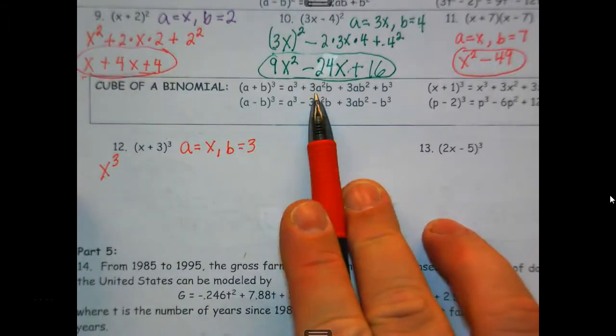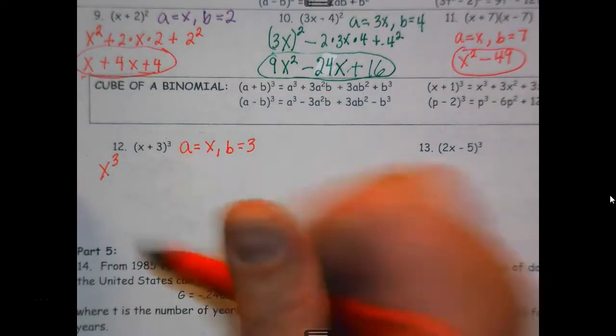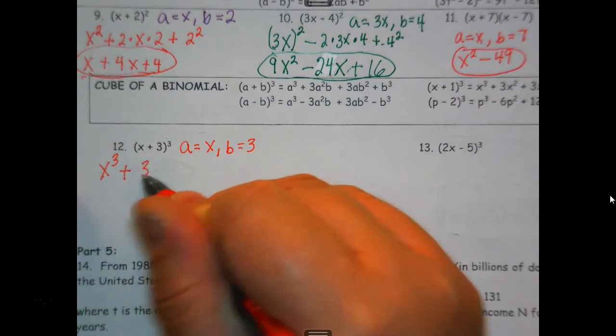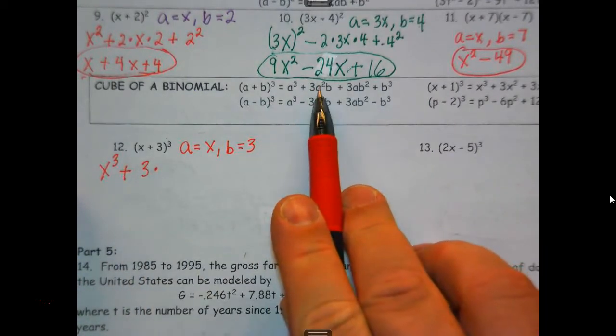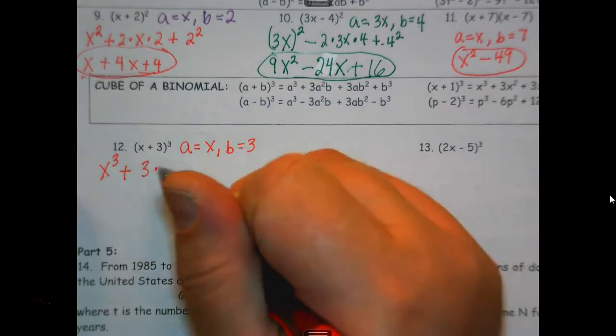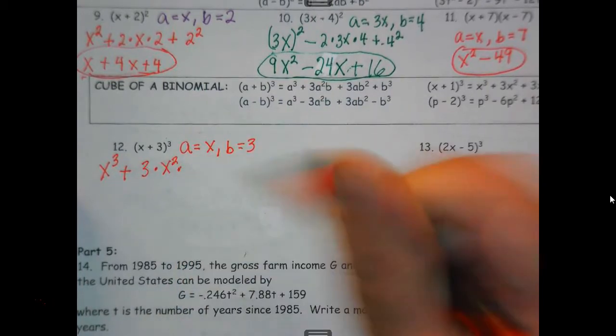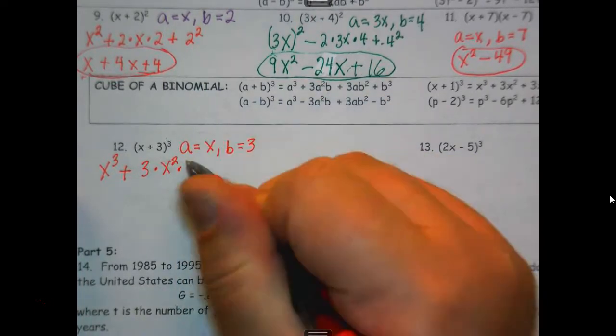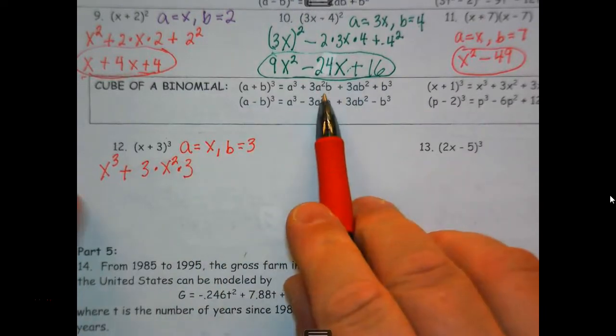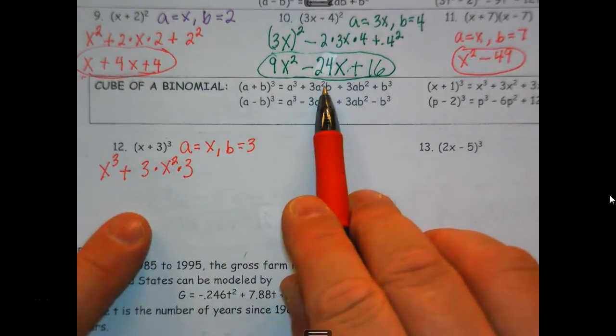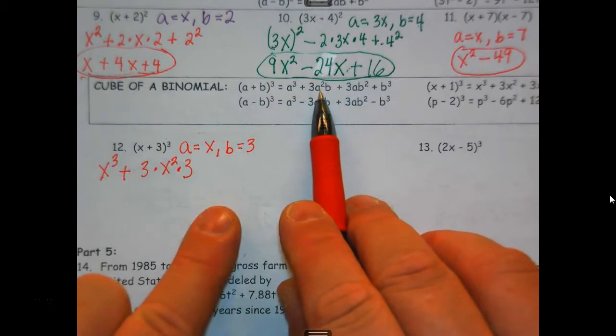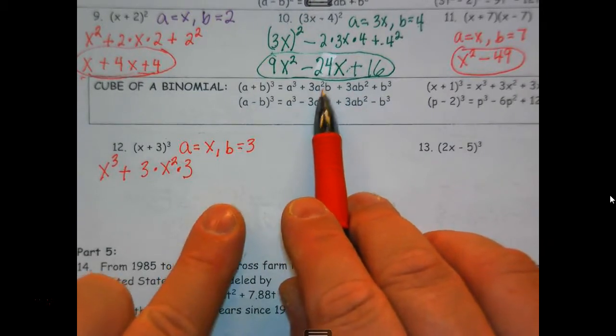plus 3 times A squared, x squared, times B, 3, because my A is squared here. See my A squared in the formula?